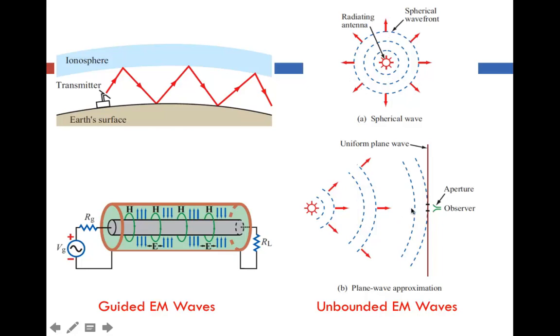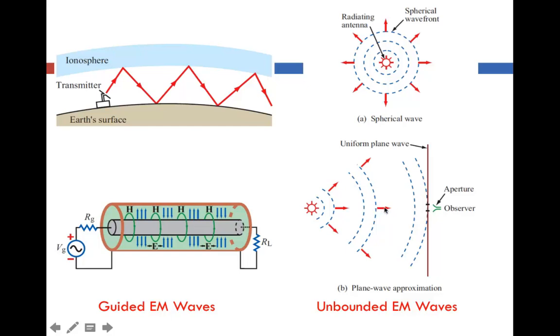Now, if you get really, really far away from that, by the time you're far enough away, if your receiving antenna, or whatever it is that's receiving the energy, is small enough, then the wavefront for all practical purposes looks like it is coming in flat.